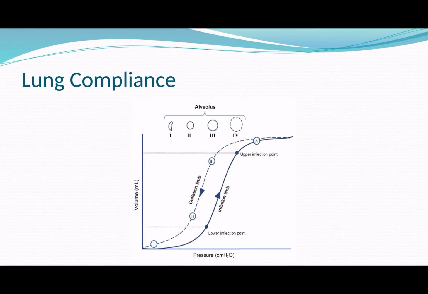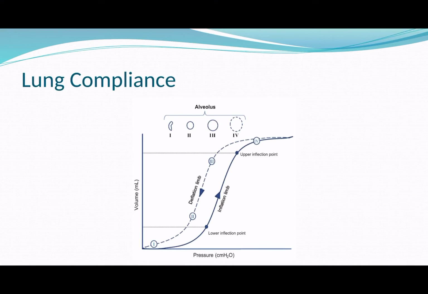So if you follow the solid curve first, this is inflation or inspiring, expanding out the lungs. For the first part, you're generating a big change in pressure, but the volume hasn't changed at all. And then slowly, you find that for much smaller increases in pressure, you're starting to get bigger changes in volume.